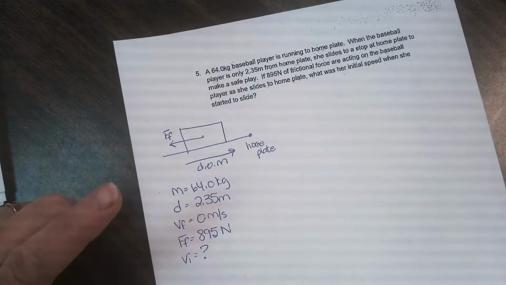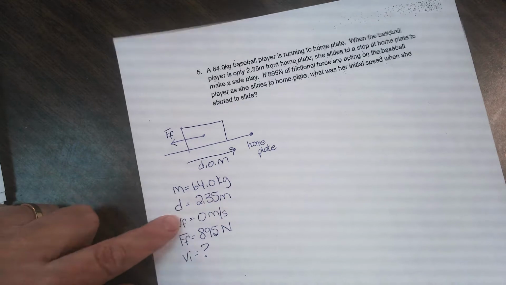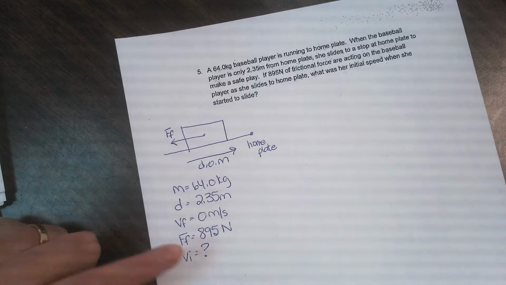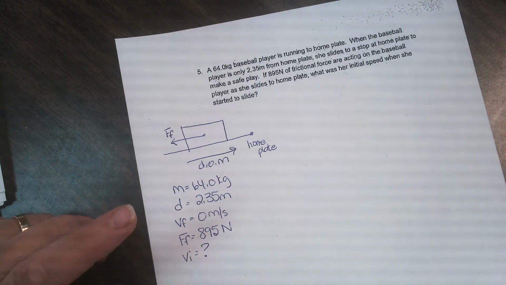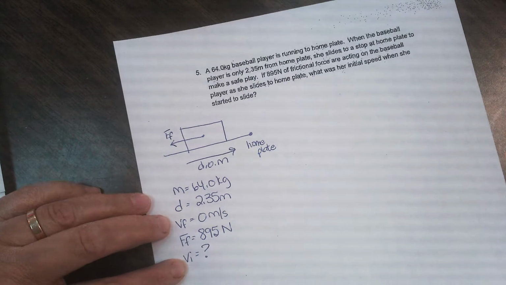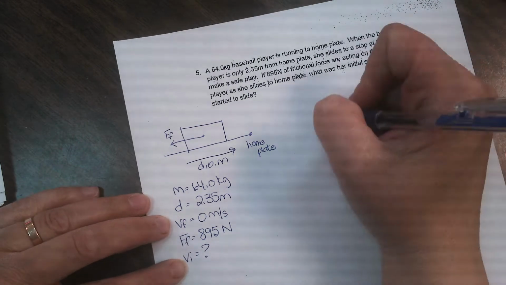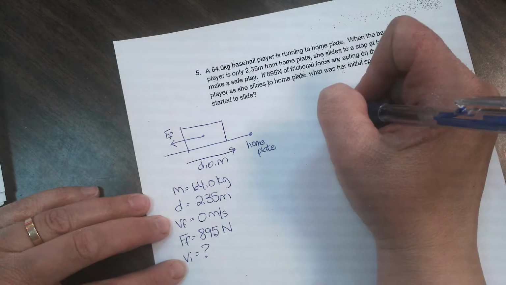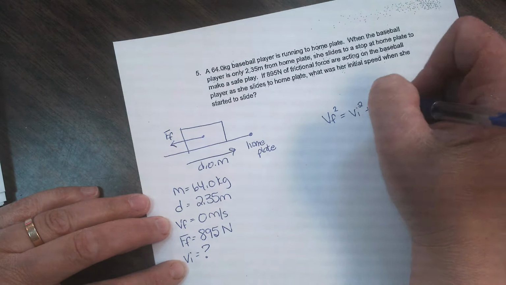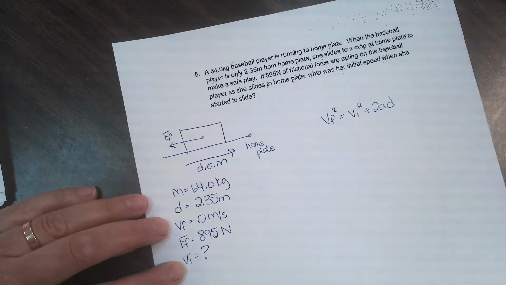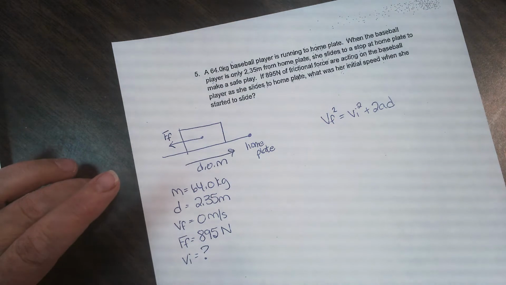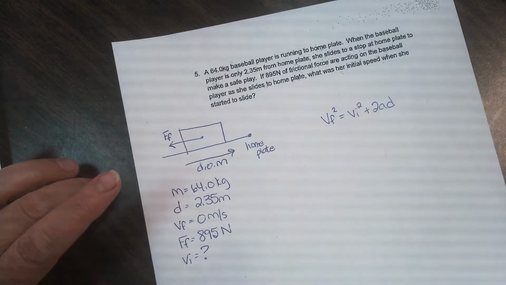So when we look, we have D, VF, VI. What can we potentially find when we have D, VF, VI? Well, we could use this formula, VF squared equals VI squared plus 2AD. There's no time, so we don't want to look at any of those other equations.